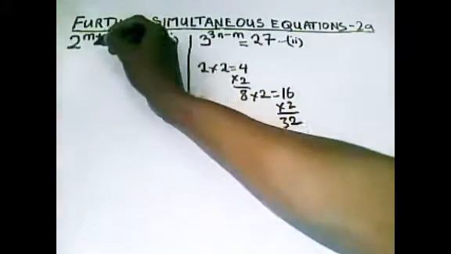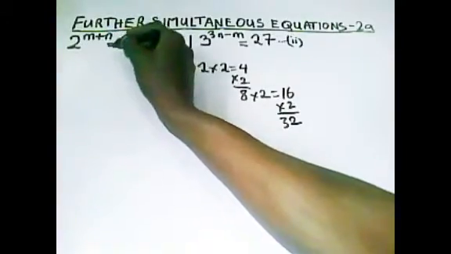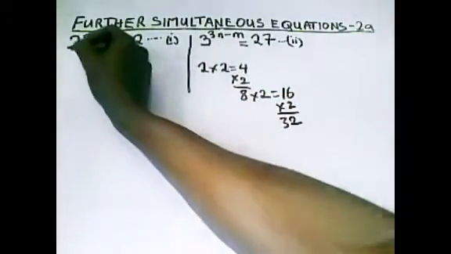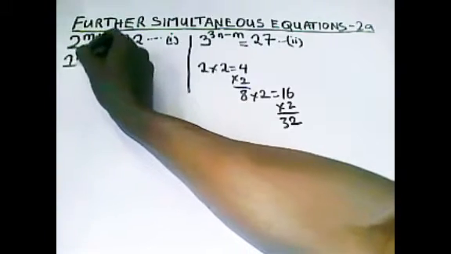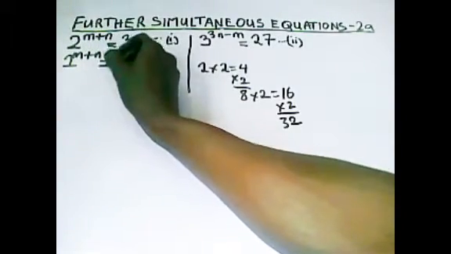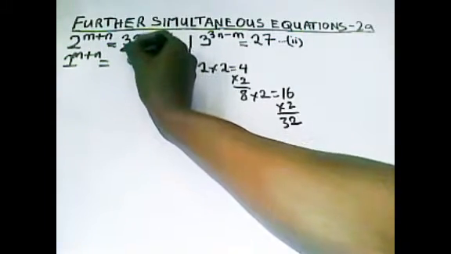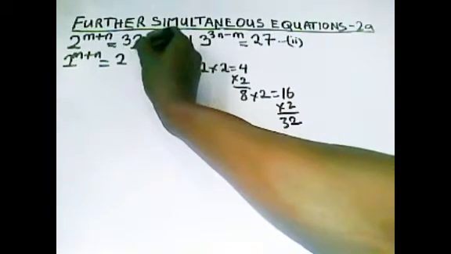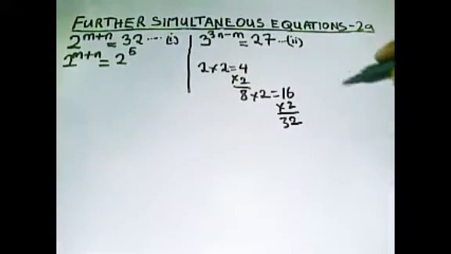So therefore we can rewrite what we have here as 2 power m plus n equals, in place of the 32, we write 2 to the power what? Power 5. I believe you understood what we did there, right?